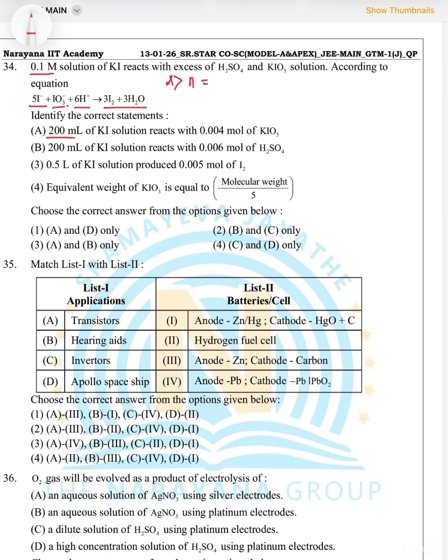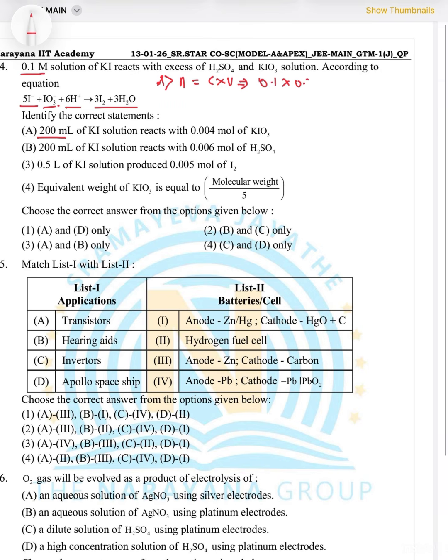So here number of moles is equal to the formula concentration into volume. So what is the concentration given here? 0.1 into volume is given, 200 ml. So that becomes 0.2 liters. Then this is equal to 0.02 moles.